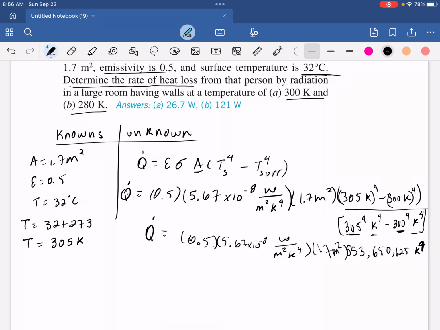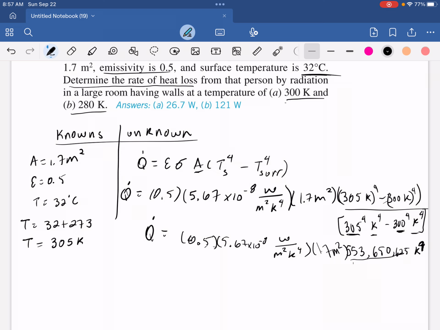I know this is a bit tricky, but just as a recap, raise 305 to the fourth, and also the K, which stands for Kelvin, to the fourth. Then 300 kelvins raised to the fourth. If you subtract them, you're gonna end up with this number, Kelvin to the fourth.